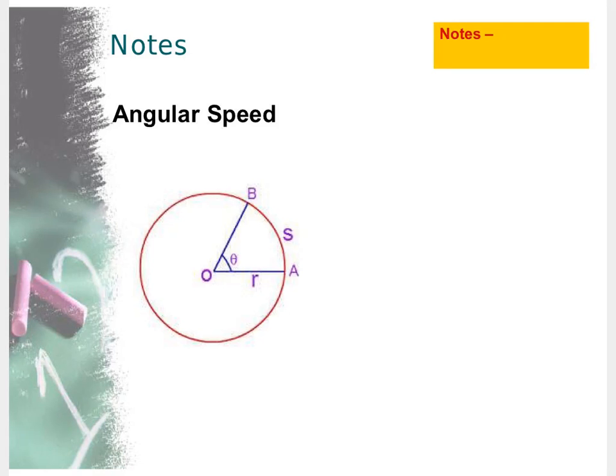So angular speed, if you remember, we used the letter omega. It's a Greek letter to define angular speed. And that is the rate at which angle changes over time.